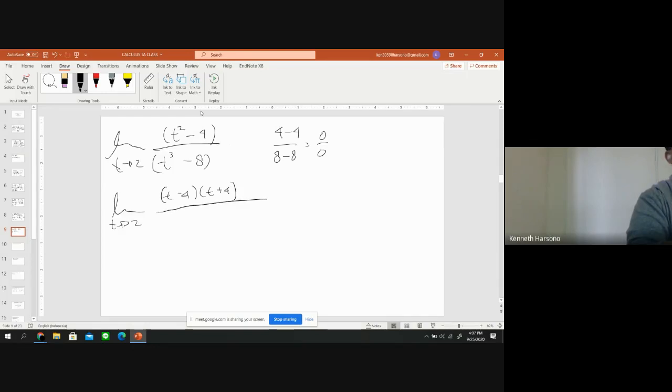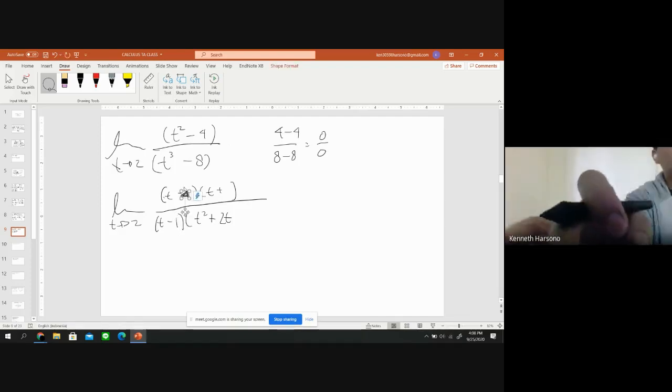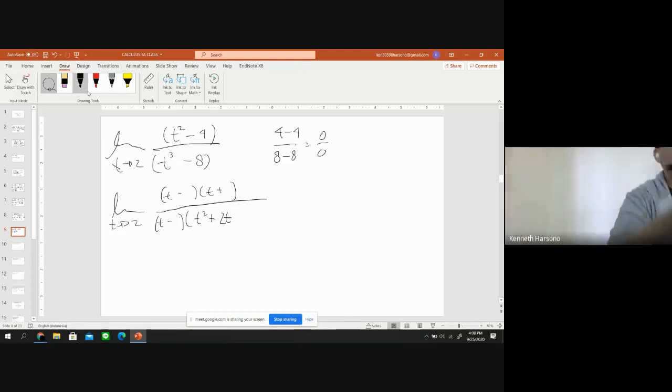What about the t cubed minus 8? It's (t minus 2) times (t squared plus 2t plus 4).